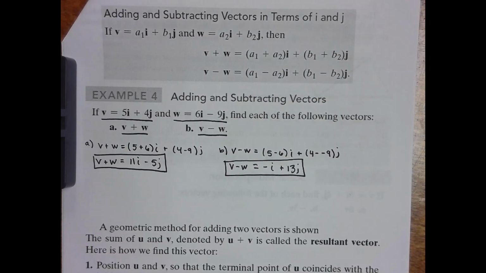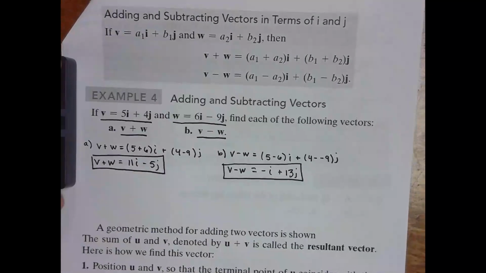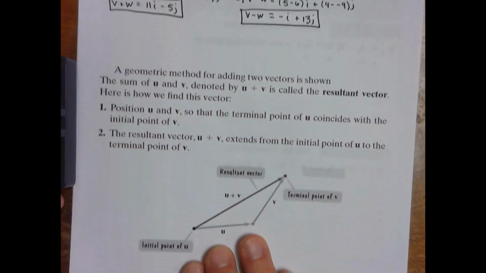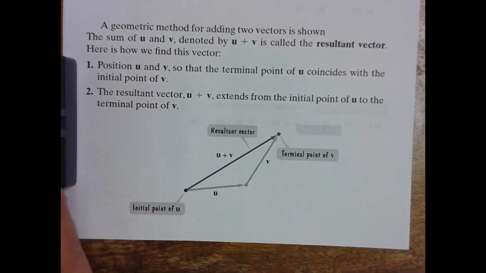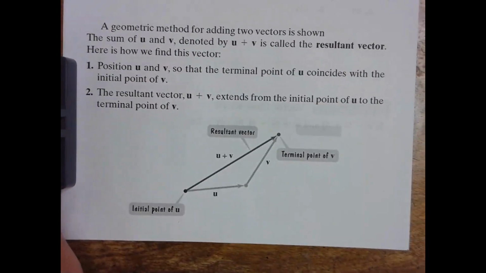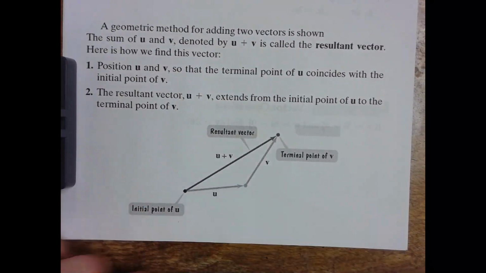But in physics, vectors are a huge piece of that. If you move to higher level math, vectors get used all the time because we have that directional component and the scalar component. So just to show this real quick, if I had two vectors and we wanted to add them together, let's say we have vector u and vector v.